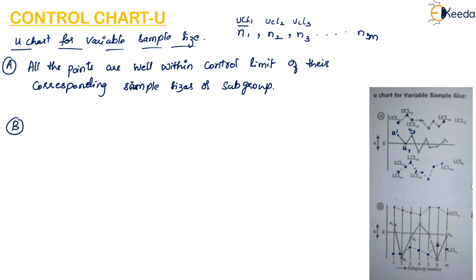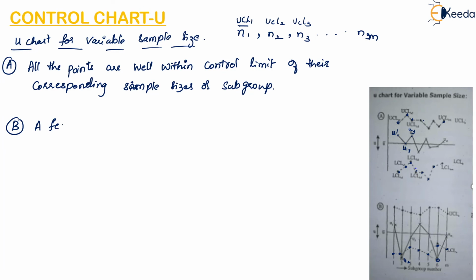Now the U value for the corresponding sample size, here U2, we can see that it is below the lower control limit, and U6 is also below the lower control limit. So this indicates that the process is no doubt in control, but this indicates improvement in the process.